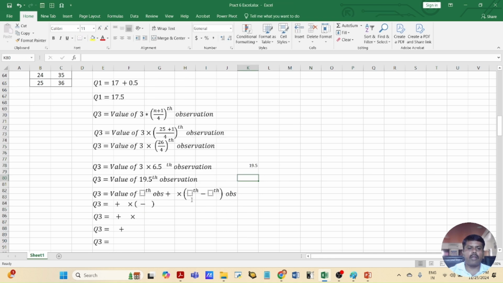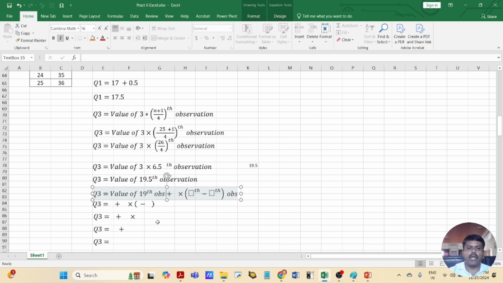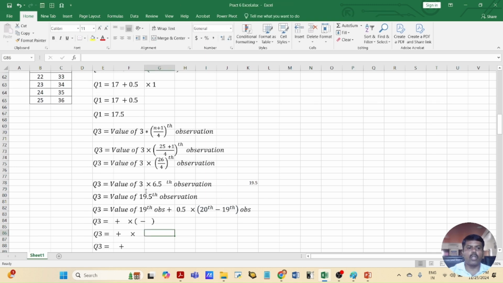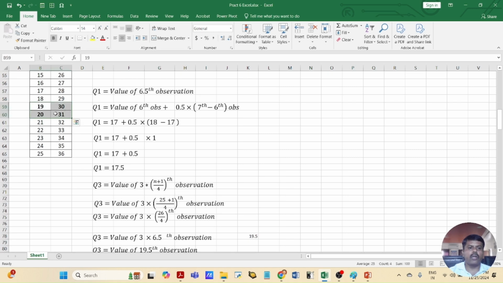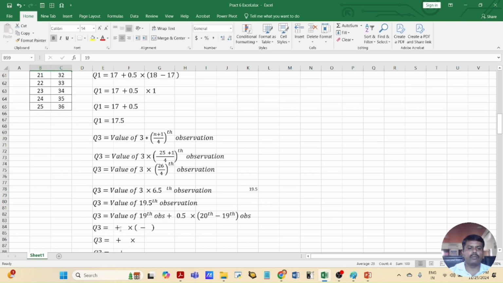Again split this 19.5 into parts, that is value of 19th observation, and decimal part is 0.5. Next observation 20th, current observation is 19th. Now look in the table for 19th and 20th observation. So 19th and 20th observation are 30 and 31.